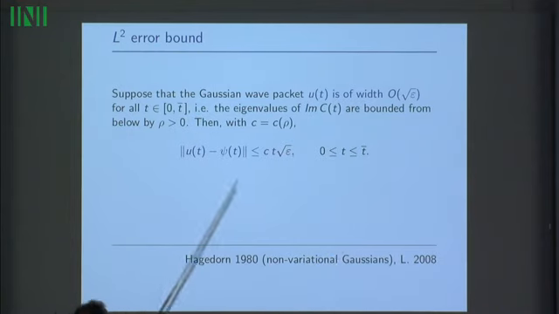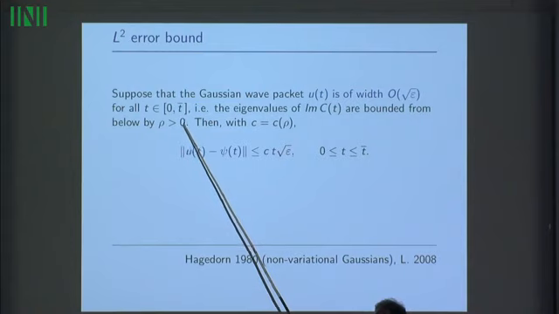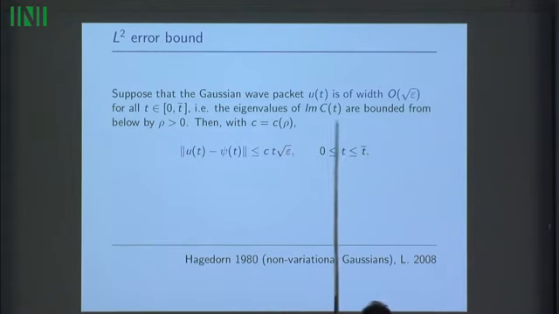So we start from a Gaussian which has width square root of epsilon and such an oscillatory behavior. And we assume that the width remains bounded by a constant times square root of epsilon over the time interval over which I consider it, and that there is a lower bound on the eigenvalues of the imaginary part of C(t), and this determines the width of the Gaussian. So the Gaussian should not spread out arbitrarily, because then it becomes meaningless.